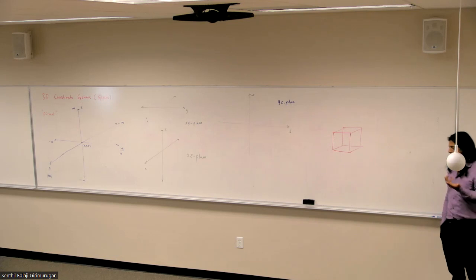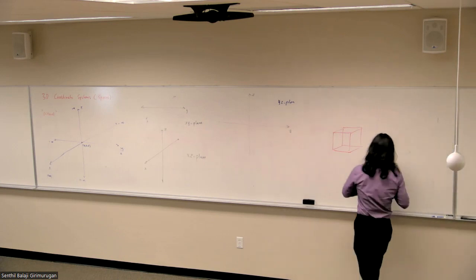Everyone would have played with this when they were young. It is a toy, a Rubik's Cube. One of the easier ways to visualize, but I'll try to draw here.